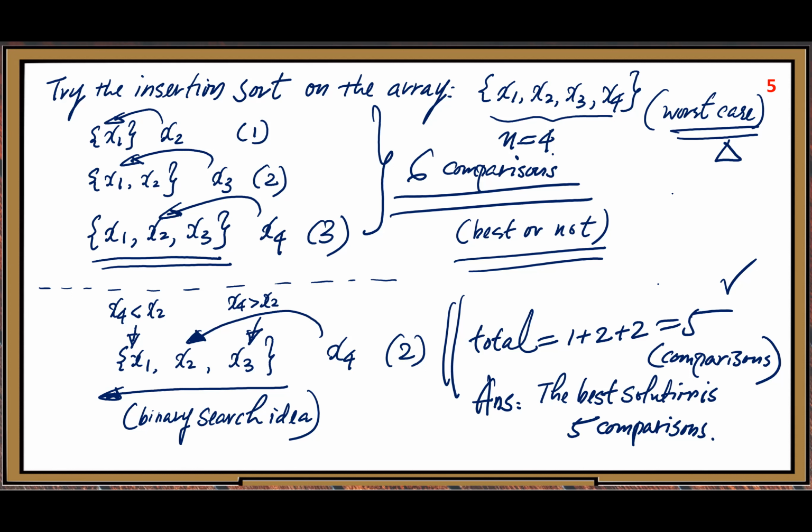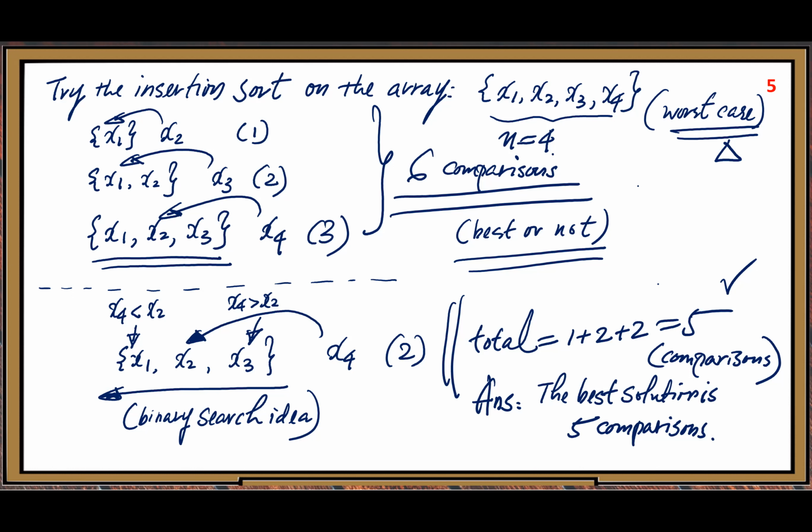That is the minimum number of comparisons you need to sort the array. You cannot break that line. That line is the very bottom. You hit the bottom, you cannot pass that line. So we have that formula.